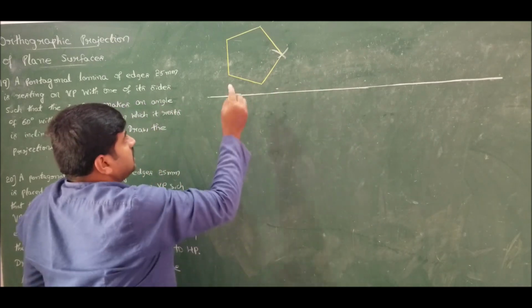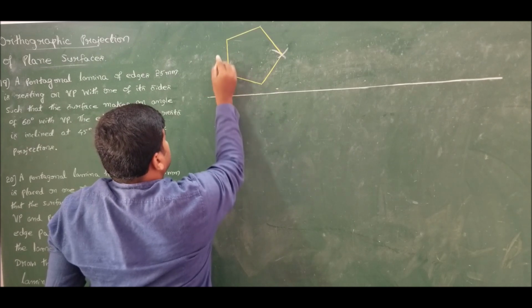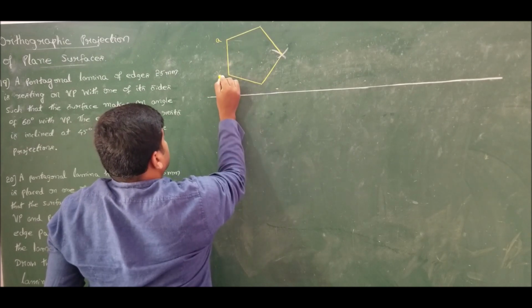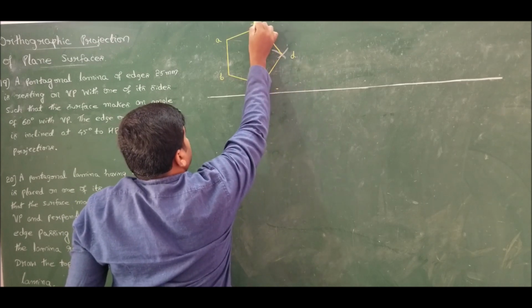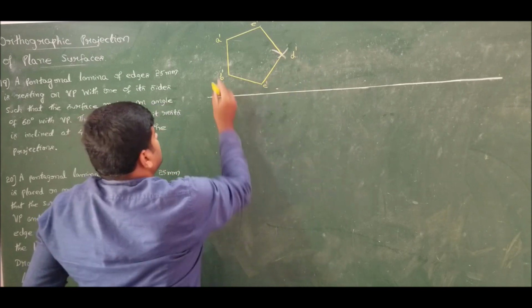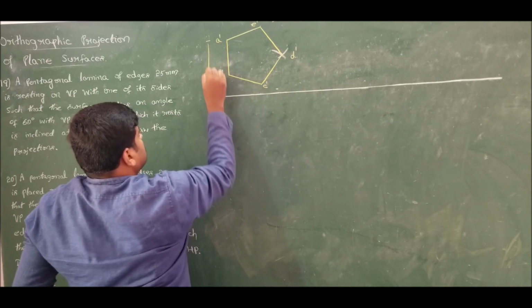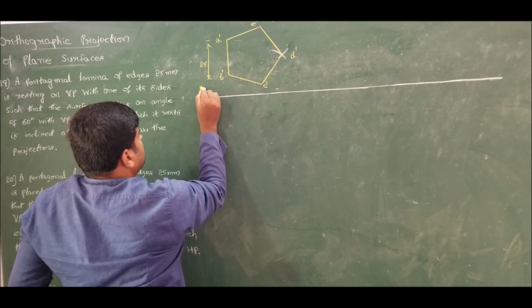The pentagon is resting on vertical plane. Let me mark this as A, B, C, D and E, E dash, A dash, B dash, C dash, D dash. The edge length measures 25 millimeter.